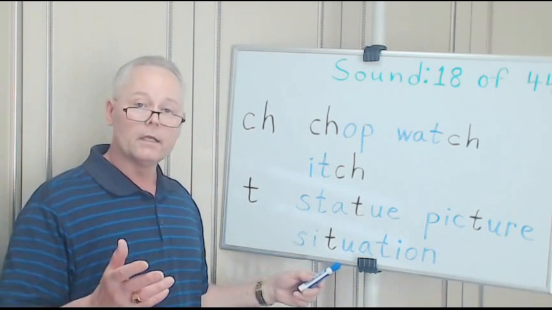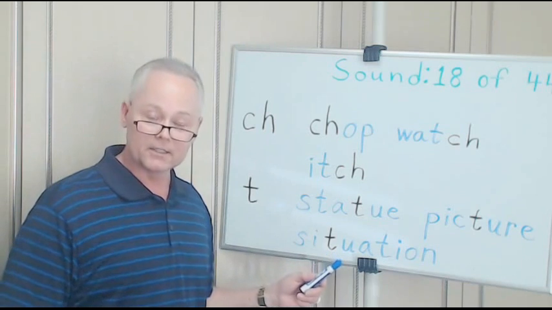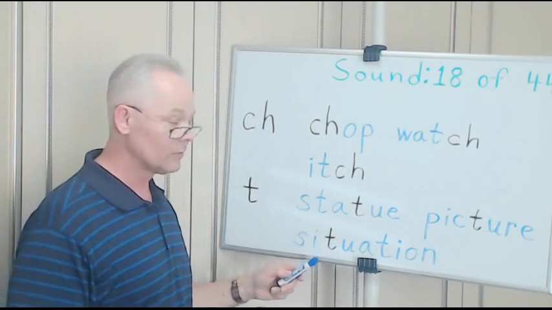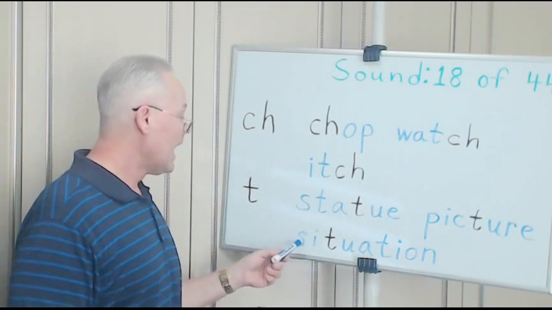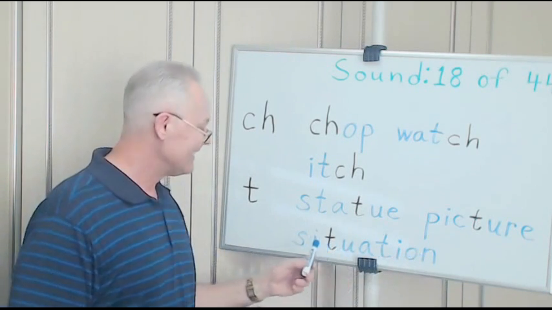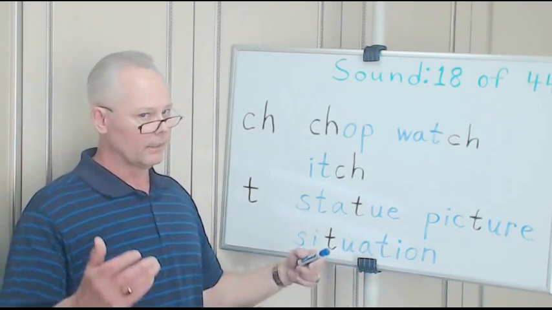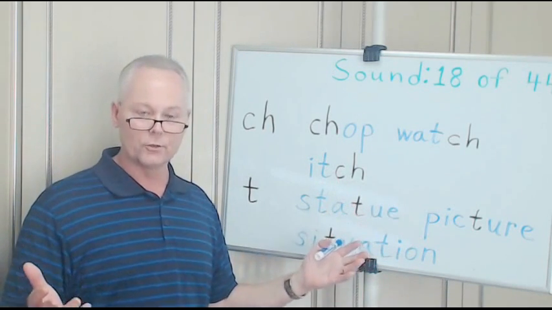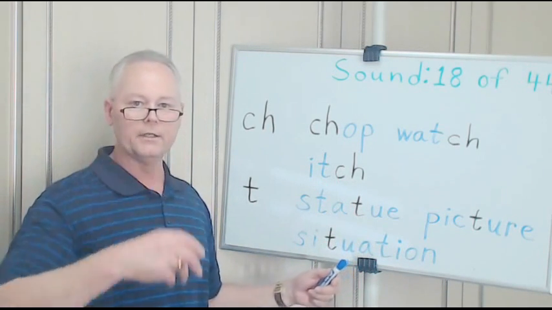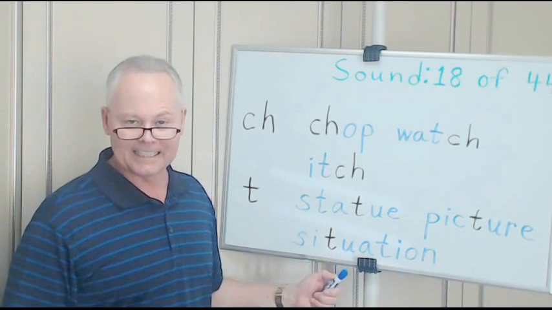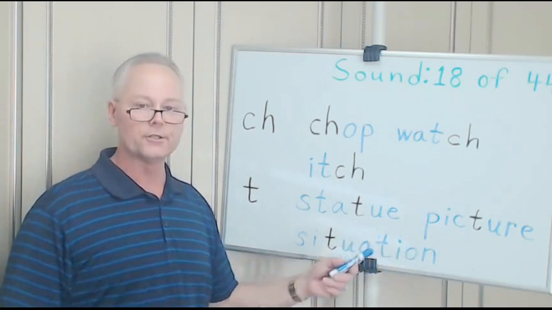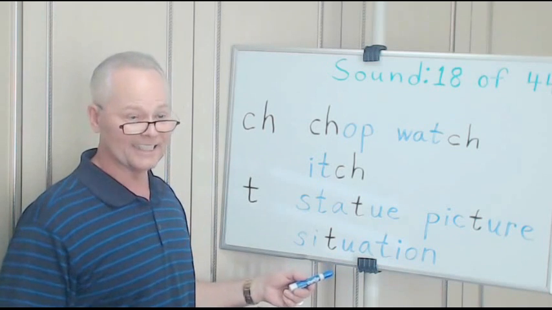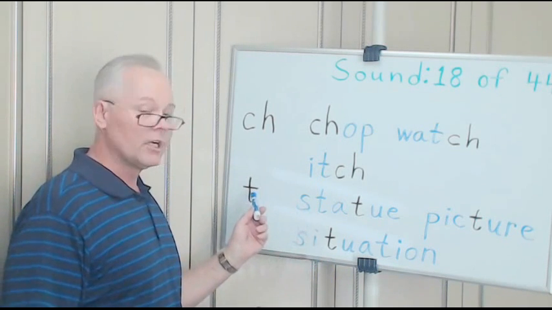You might want to take some pictures when you go on your next vacation to save the memories on film or video. Situation. Well, here we are in a classroom situation with me giving you an ESL class. A situation. What kind of a situation were you in today? Or will you be in? Ch, ch.